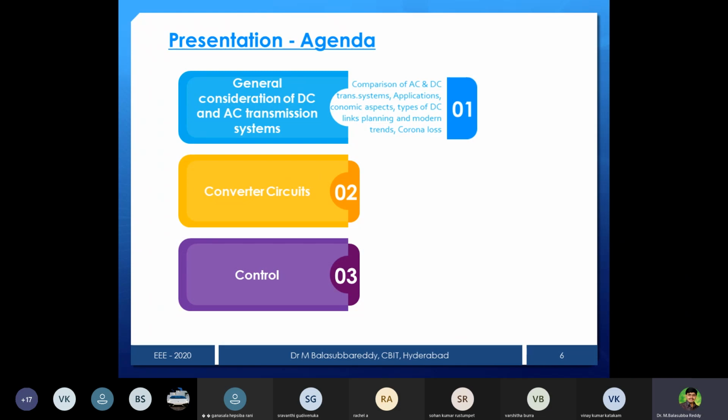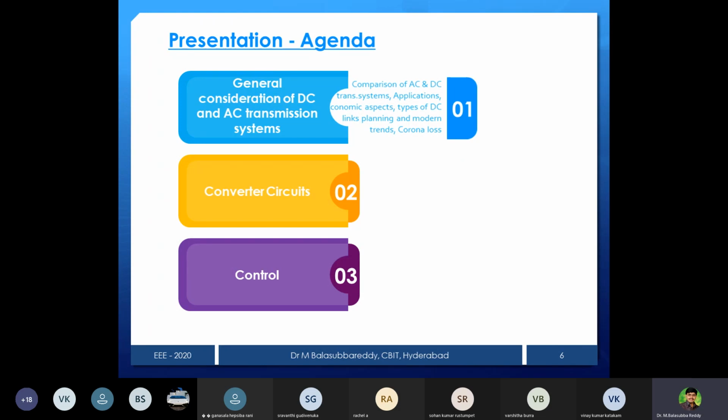But for long distances, AC transmission is not preferable, because so much copper is wasted to transmit the power. Whereas if you go to DC transmission, how many conductors are required? When compared to AC, in AC transmission you observed that R, Y, B are there, earth wire, neutral wire, so all these things are there.